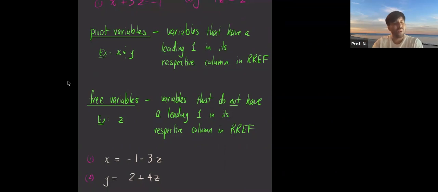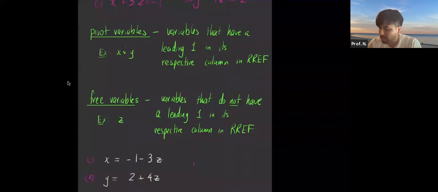Do you see now why, hopefully, row reduced echelon form gives you a bit more information than row echelon form with systems that don't have just a unique solution, when they have infinitely many or no solution? So this has infinitely many solutions.